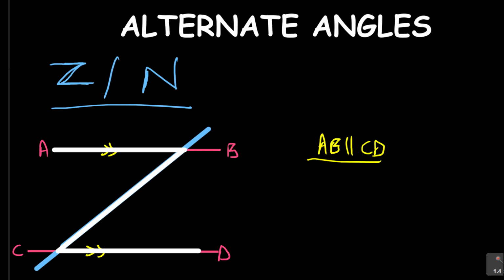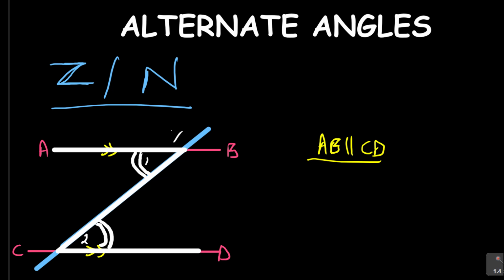You see the Z. Now, what does it mean about the Z shape? It means alternate angles. That angle is equal to that angle. That's the first one that you need to remember. Don't forget that. So I can call this one here 1 and this one 2.